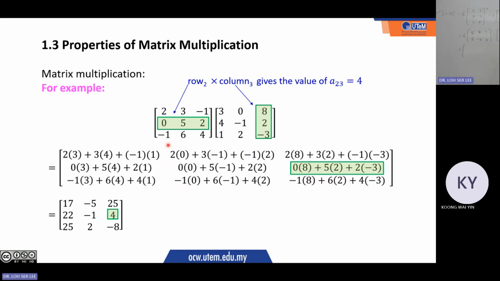It matches, because this is from the second row and this is from the third column. It coincides. So remember, when you multiply two matrices, row first, then column.